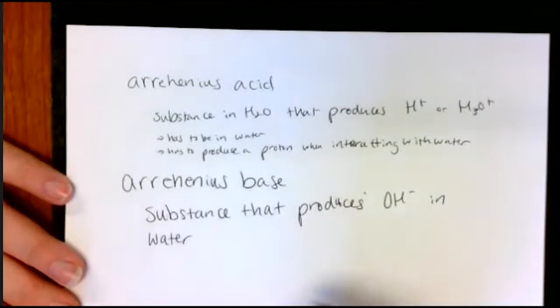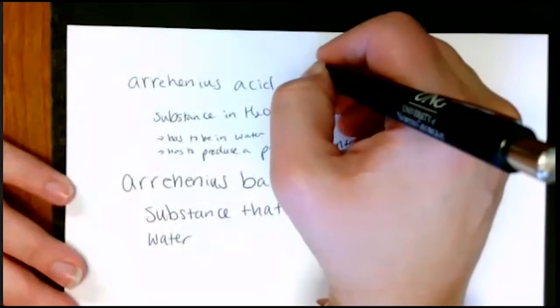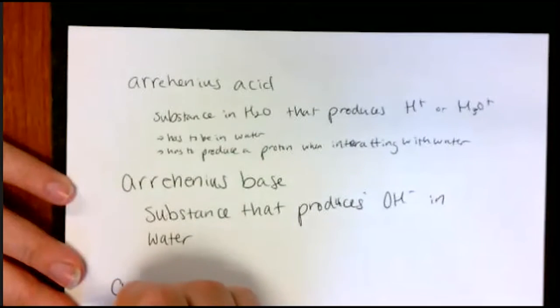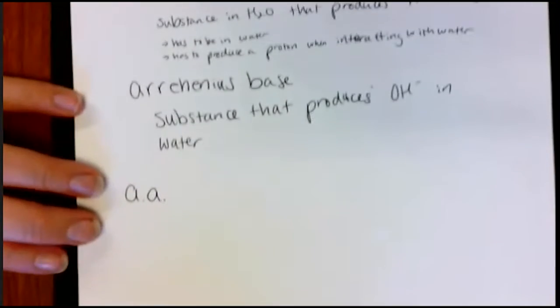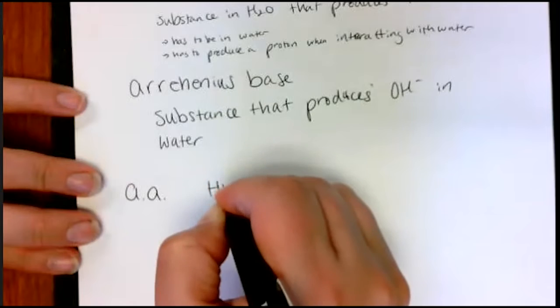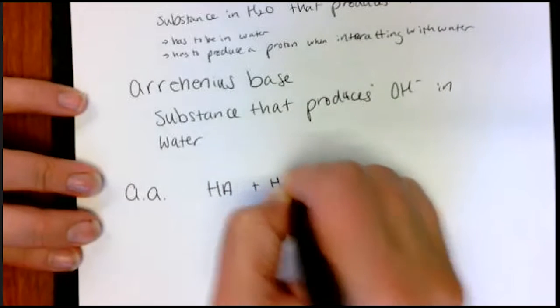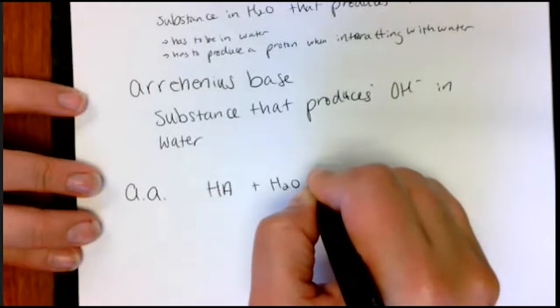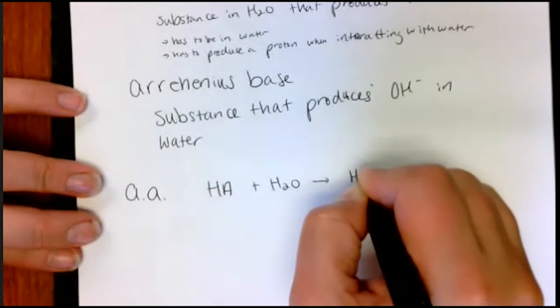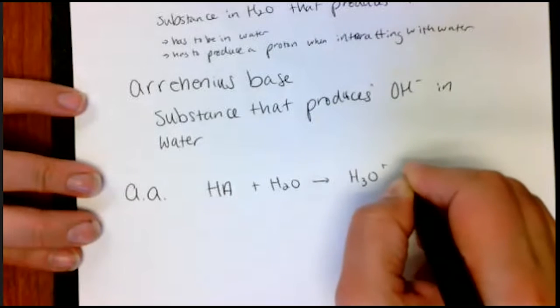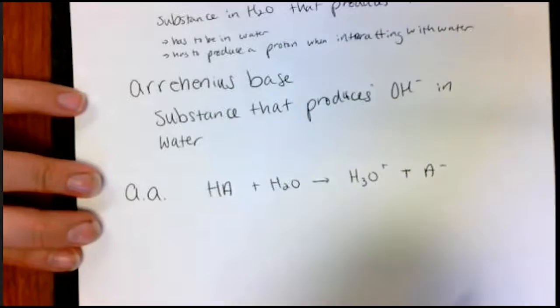So an Arrhenius acid, usually it's going to be some HA substance. So we throw it in water to produce H3O plus and A minus.